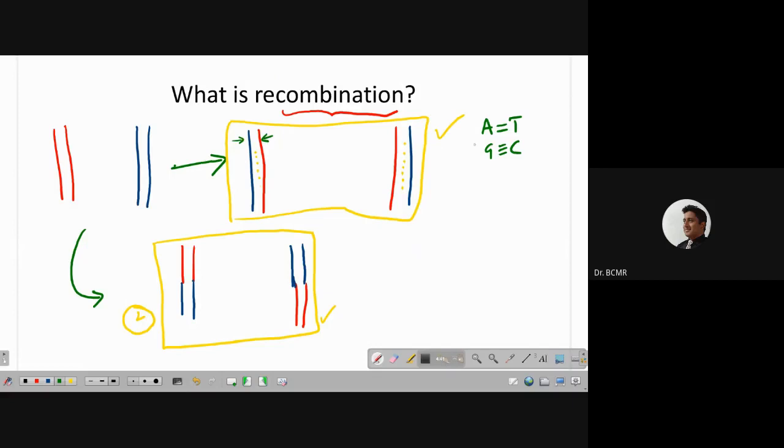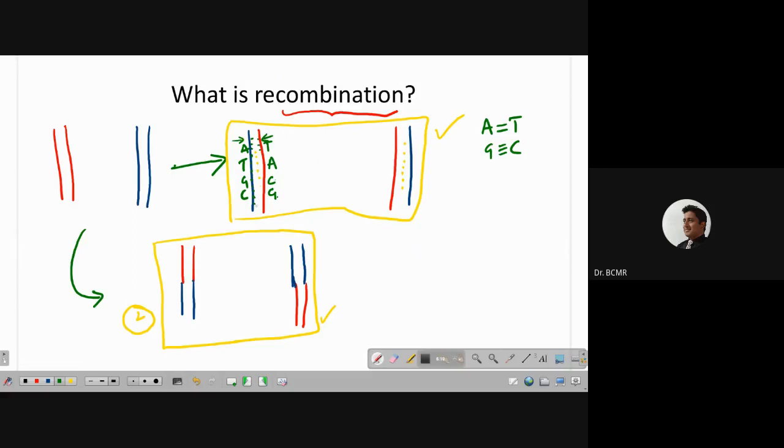That can only happen if the bases present on these strands are complementary. So, for example, A, T, G, C, if this was the sequence, then the complementary strand should have had T, A. I mean, I'm reading it from the wrong way. You should have read it from GCAT, complementary.